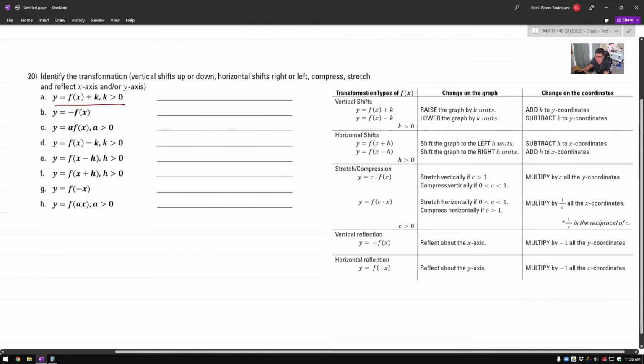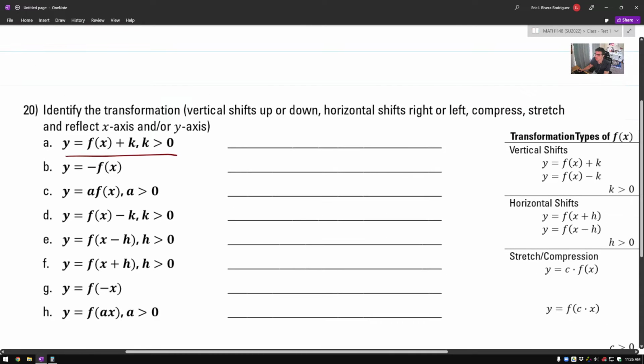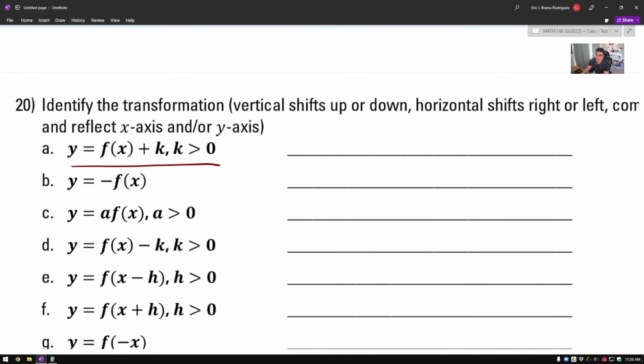So what we have first: I should have put here that the parent function is f of x. Okay, so we are using f of x as the parent function. What we are doing here is adding a value of k, and k is greater than 0.